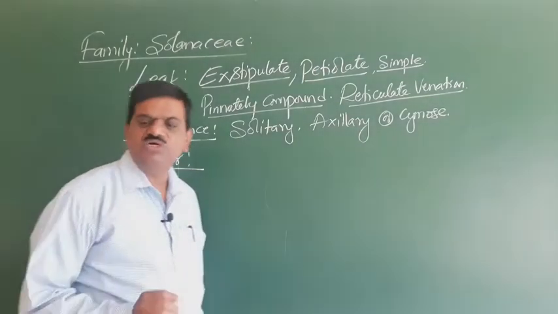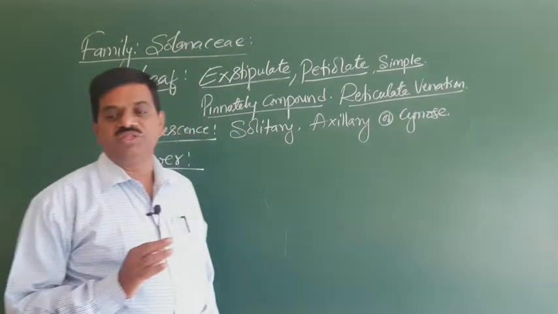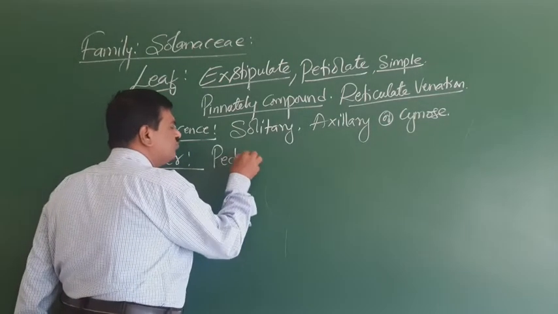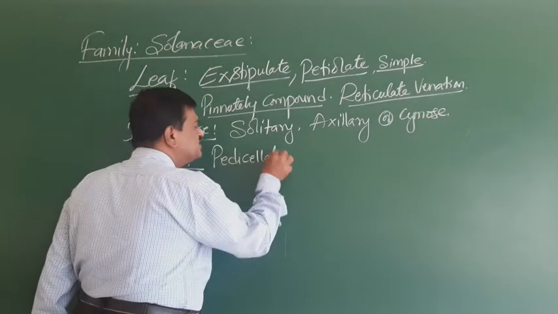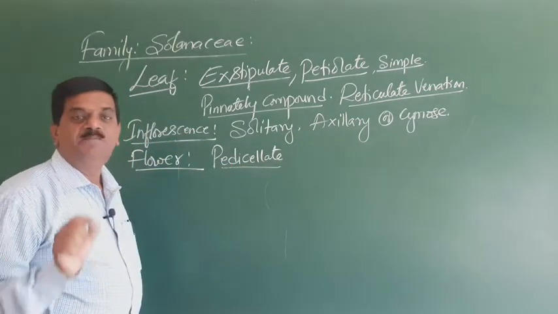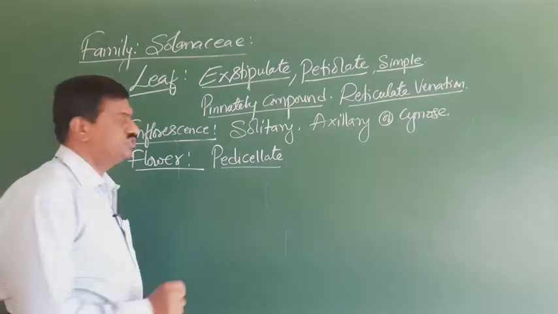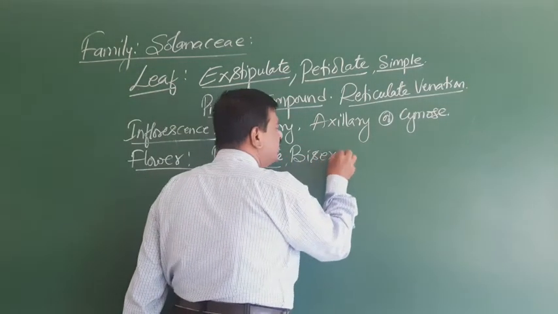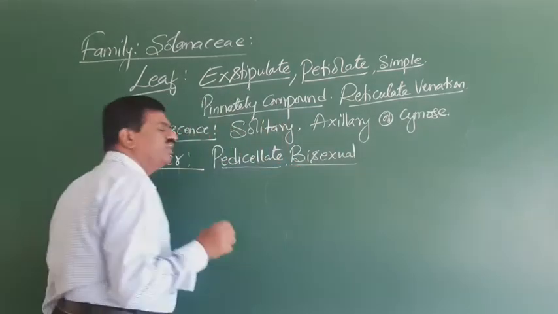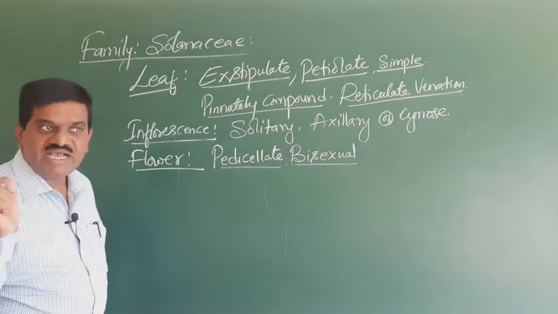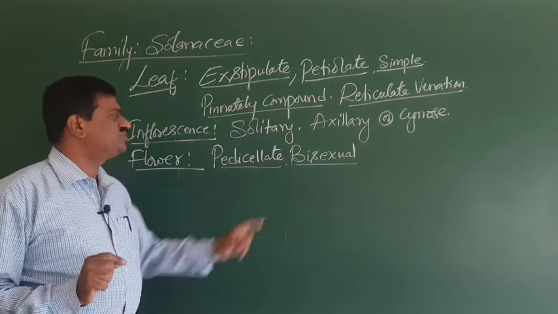Next to this, we go for the word flower. In a flower, we go in detail about all the characters. The first one is that there is a stalk for the flower, called pedicellate. The word pedicellate indicates the pedicel is present. The second one is called bisexual. The word bisexual means both sexes, male and female, are present in a flower.